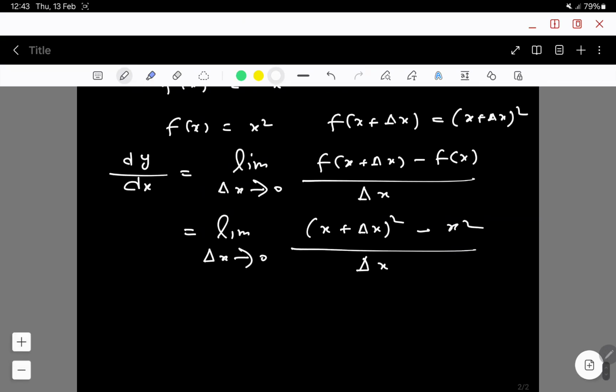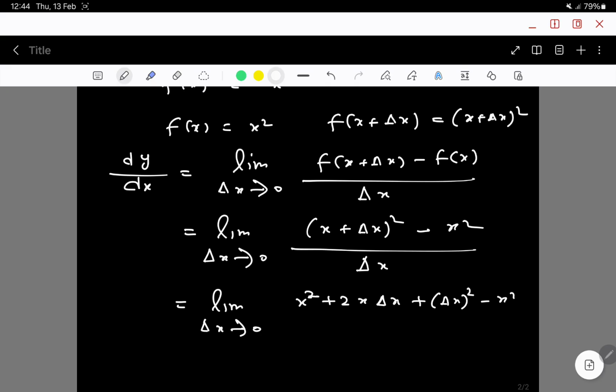Now I expand by the a plus b whole square formula. So limit delta x tends to 0, x square plus 2x delta x plus delta x whole square minus x square by delta x.